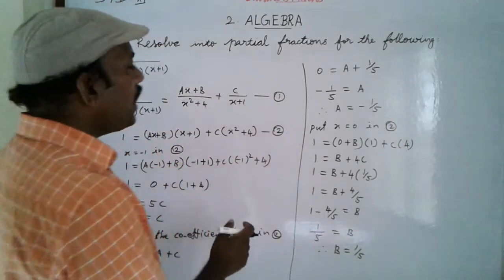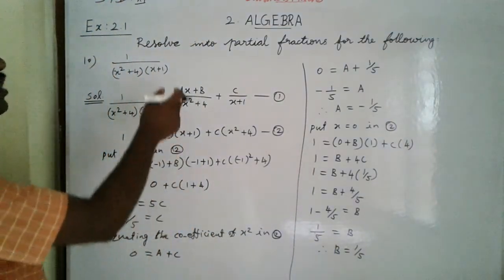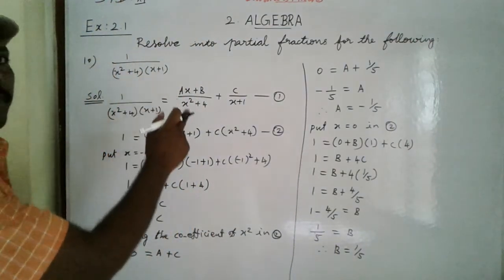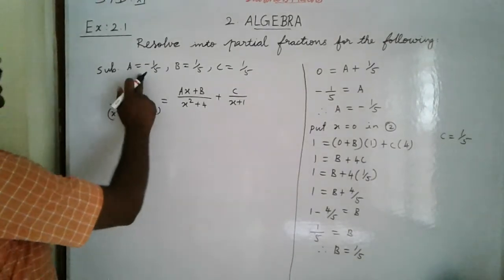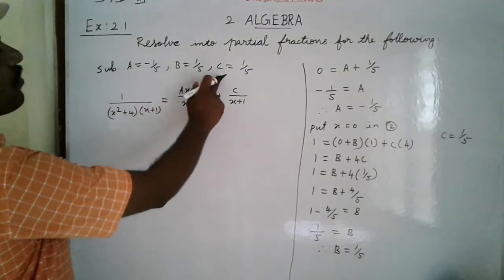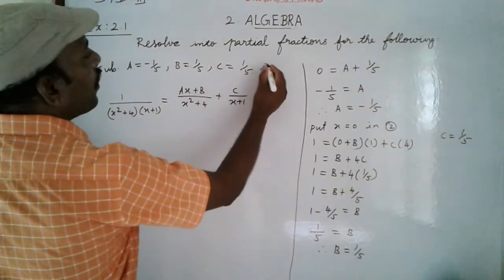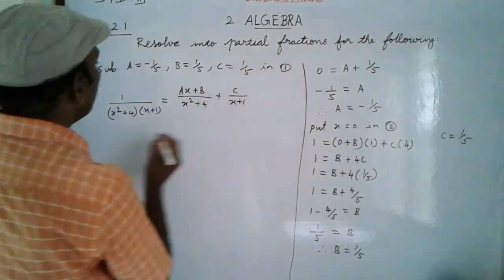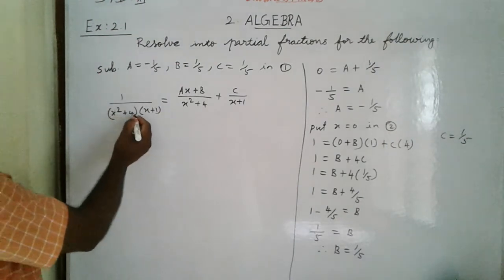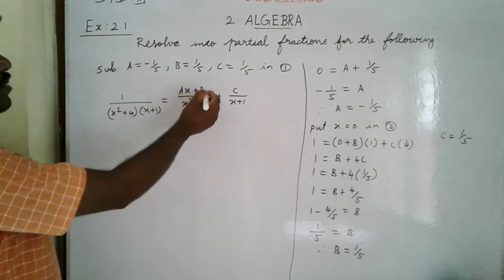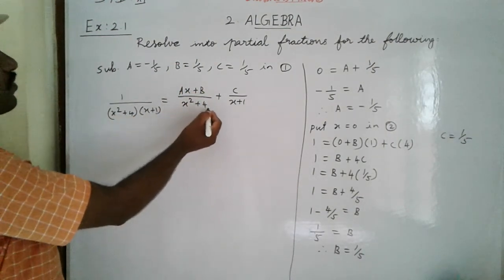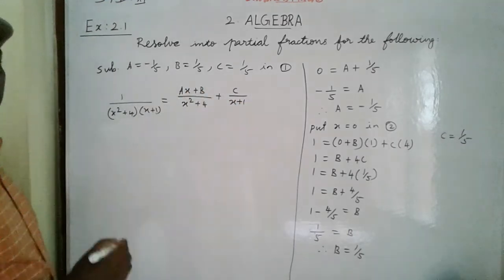These are the a, b and c values, and we should substitute them in equation number 1. Substitute a equal to minus 1 by 5, b equal to 1 by 5 and c equal to 1 by 5 in equation number 1. The first equation is, we know, 1 divided by (x square plus 4)(x plus 1) equal to (ax plus b) divided by (x square plus 4) plus c divided by (x plus 1).